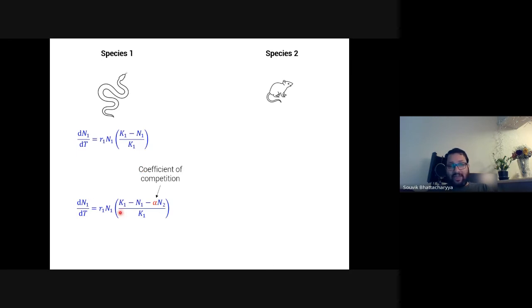So not only the carrying capacity will control the growth of that population, but also the competition and the number of individuals of species 2 will control how many species 1 individuals there are. This alpha is called the coefficient of competition. In the same way you can calculate for species 2, and here, for example, we're calling it beta, and this species has its own population size, n2, its own growth rate, r2, and its own carrying capacity, k2, which are all different from species 1.